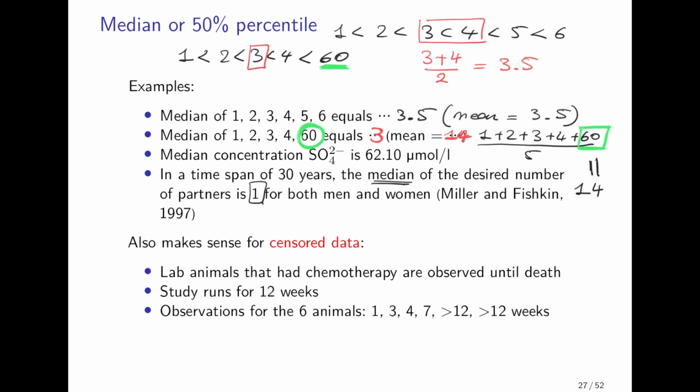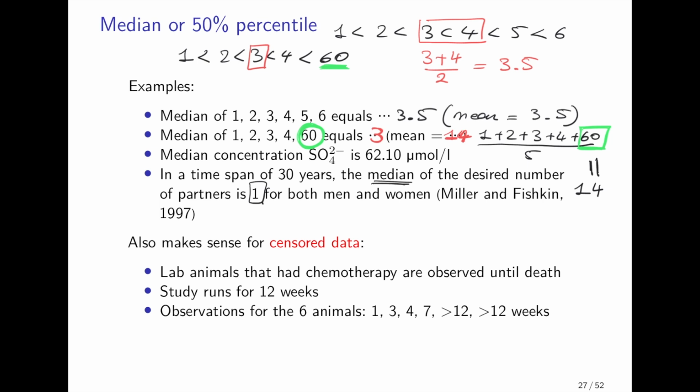For example, let's say that we do a chemotherapy study on lab animals. We give them some tumor and then we treat the animals. And we run our study for 12 weeks. In those 12 weeks, we monitor week by week whether the animal is still alive or not. And we record the week in which the animal dies.